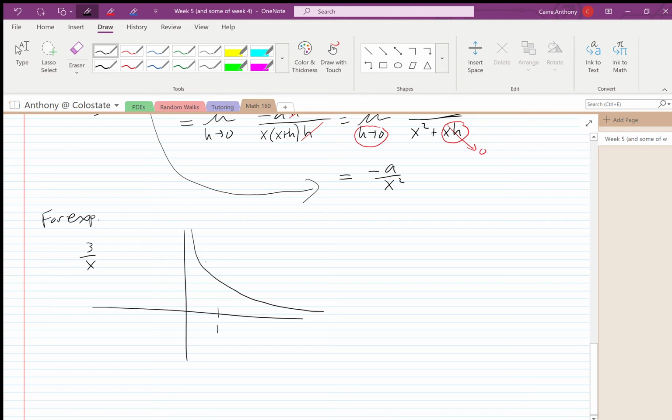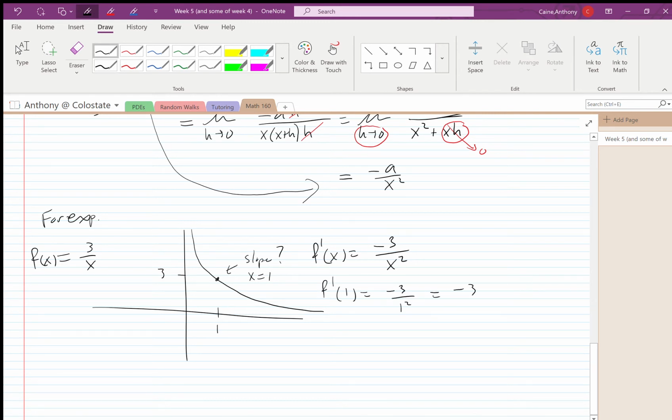And right here at 1, it's 3. There we go. Then maybe I'm curious, what's the slope here? Well, let's call this f of x. We just figured out f prime of x is equal to negative 3 over x squared. The slope at this particular point, this is the slope at x equals 1, so that's going to be f prime at 1, which is negative 3 over 1 squared, which is negative 3.